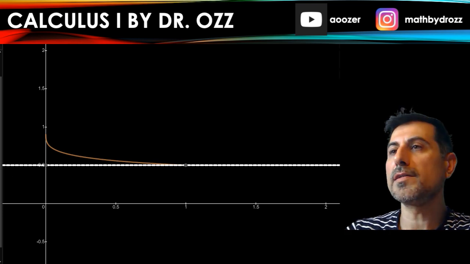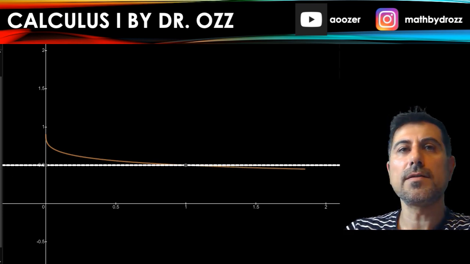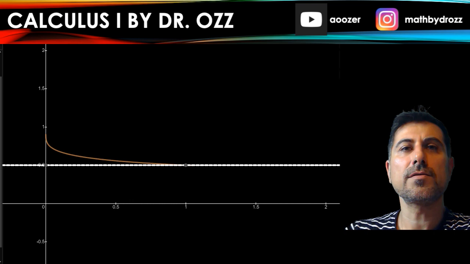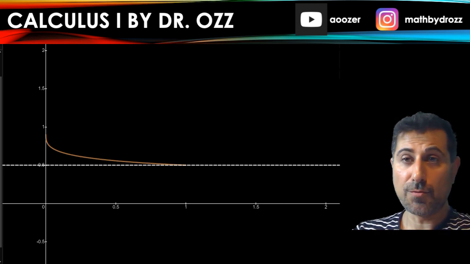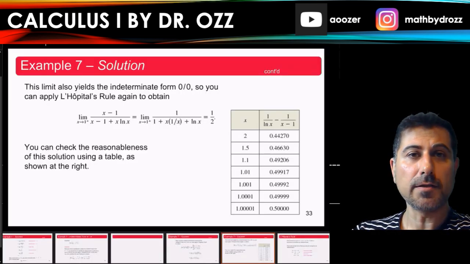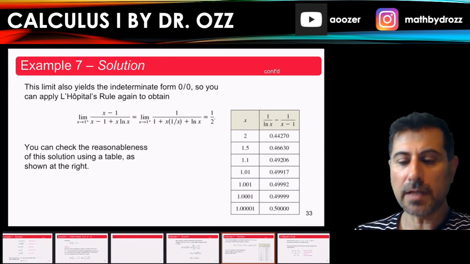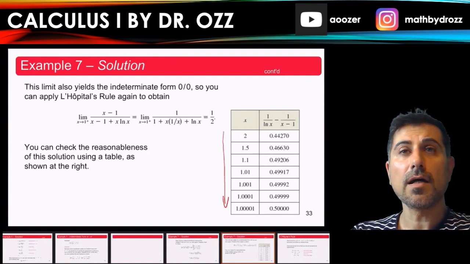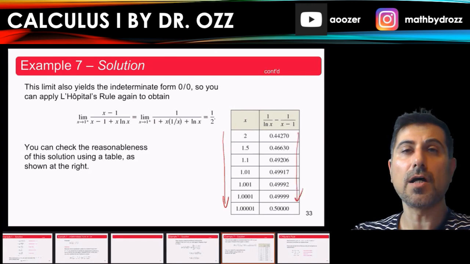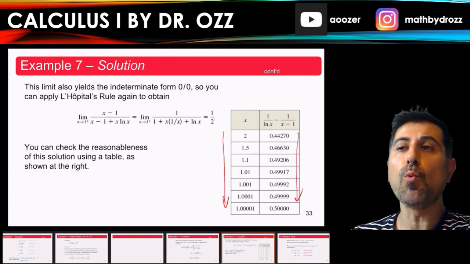Essentially, when I get down to 1 from the right, the corresponding values get closer and closer to 0.5. And if you want to use the other technique, you can still do that. You can use the table of sample values. As you get closer to 1, the corresponding values approach 0.5, which is in fact 1/2.